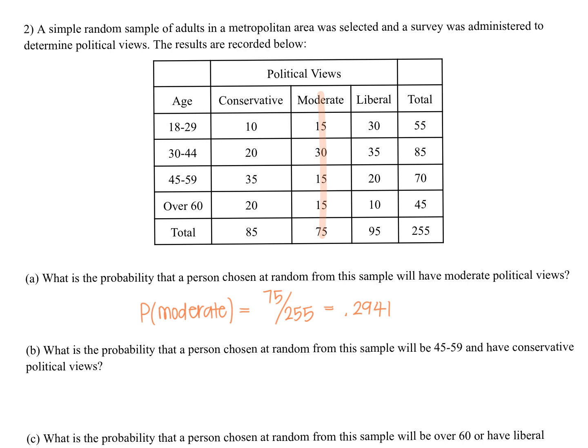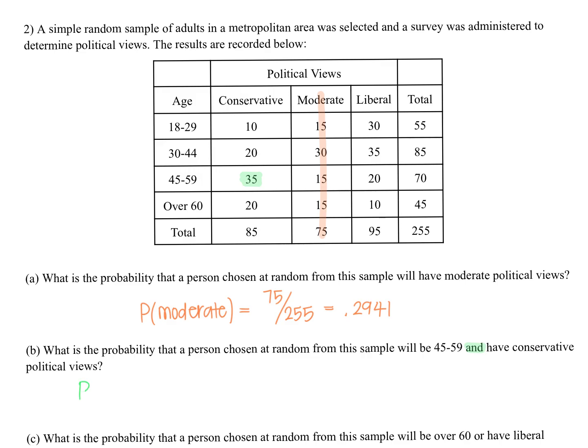The next question says, what is the probability that a person chosen at random from the sample will be 45 to 59 and have conservative political views? So the key word here is and. So that means we only care about the box 45 to 59 and conservative.